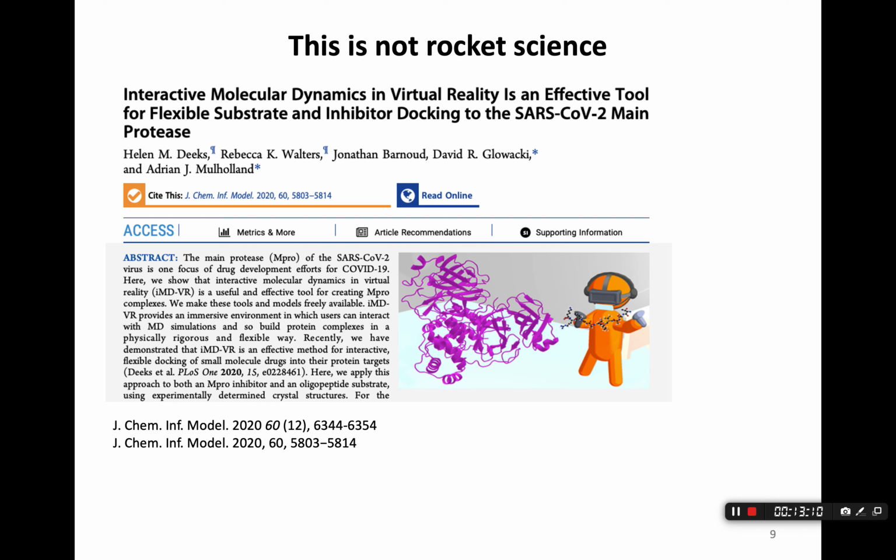In that case, you can directly manipulate a molecular dynamics simulation and see how atoms interact with each other in a Brownian-motion-like fashion, or you can apply different conditions to the system to see and actually feel how atoms move and interact. These are two papers published last year.